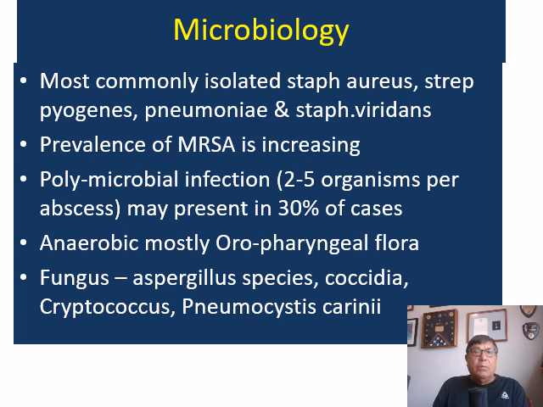And the prevalence of methicillin-resistant Staph aureus is increasing, so one needs to be careful when choosing the antibiotic to cover that organism. In about 30% of the cases, 2 to 5 organisms may be present and responsible for abscess formation.